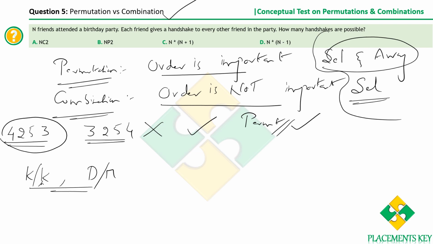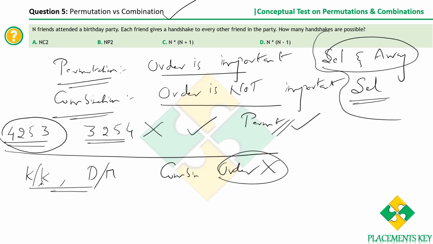It doesn't matter. Therefore order is not important here. So if there is any question something like this, it has to be a combination based question, where order is not important. So clearly when order is important, it is a permutation based question. When order is not important, it's a combination based question.